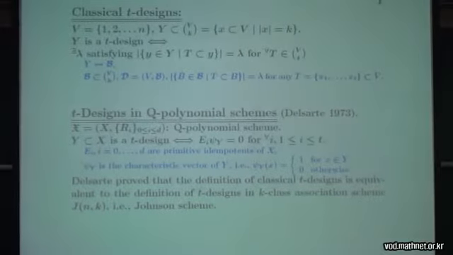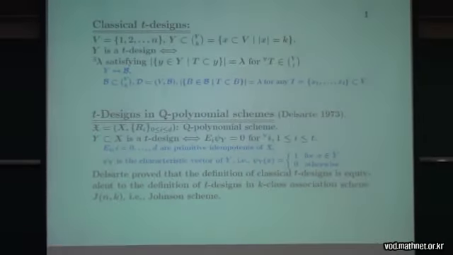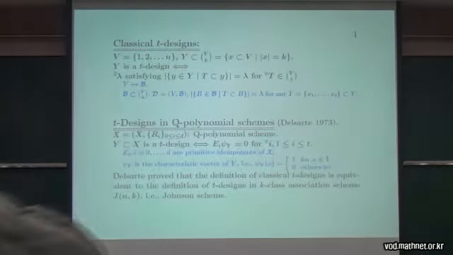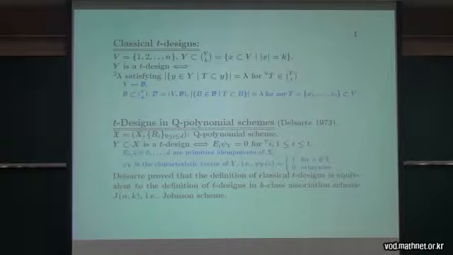First, I would like to talk about the history of designs. The classical t-design was known: V is a finite set of points, and Y is a subset with cardinality k.